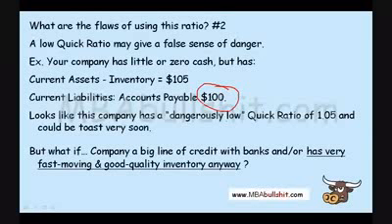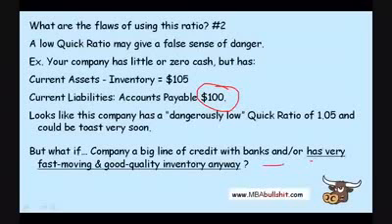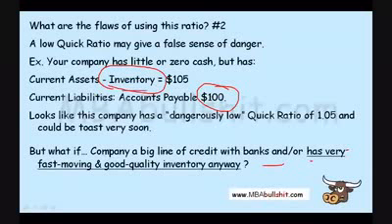Or what if this company has very fast moving inventory anyway? Remember, in the quick ratio we subtracted inventory. We did not include it because we assume that inventory is not easily convertible to cash. But in some businesses, inventory is very easily convertible to cash or is very fast moving, so it becomes cash almost instantly.